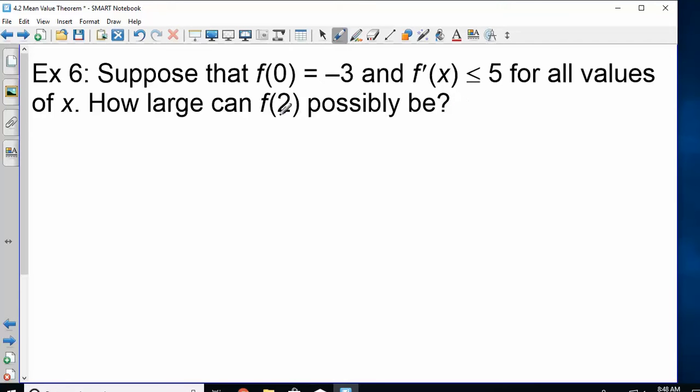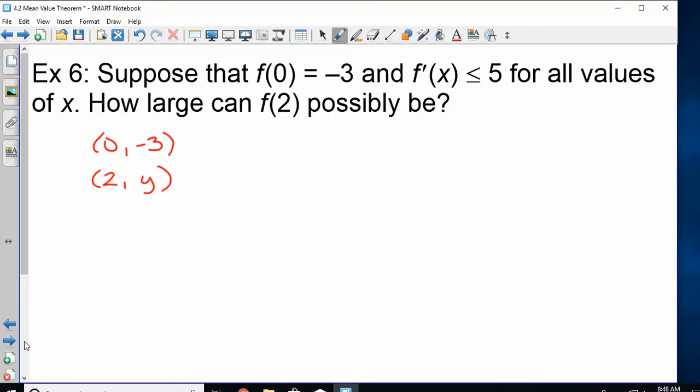What is the largest f of 2 could be? So what we know is that we have one endpoint. We are looking for this other one. I'm looking for my y here, the largest it could be.